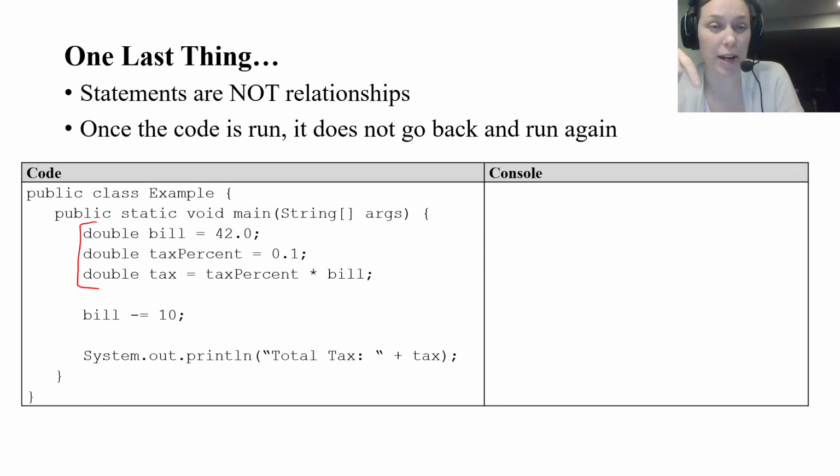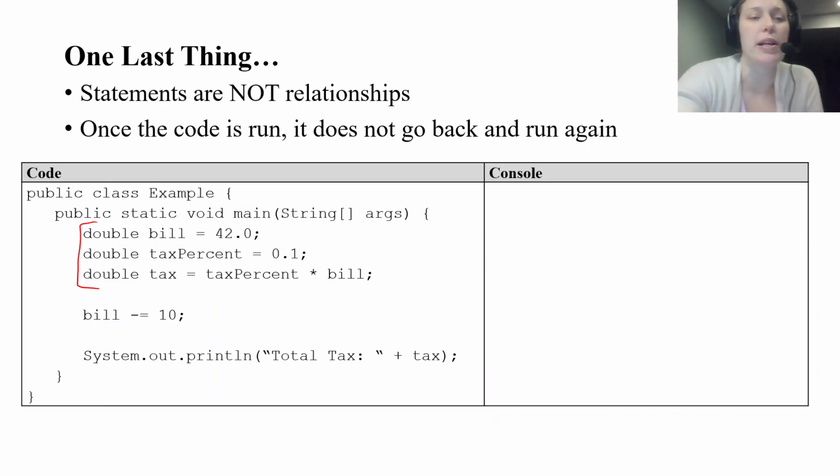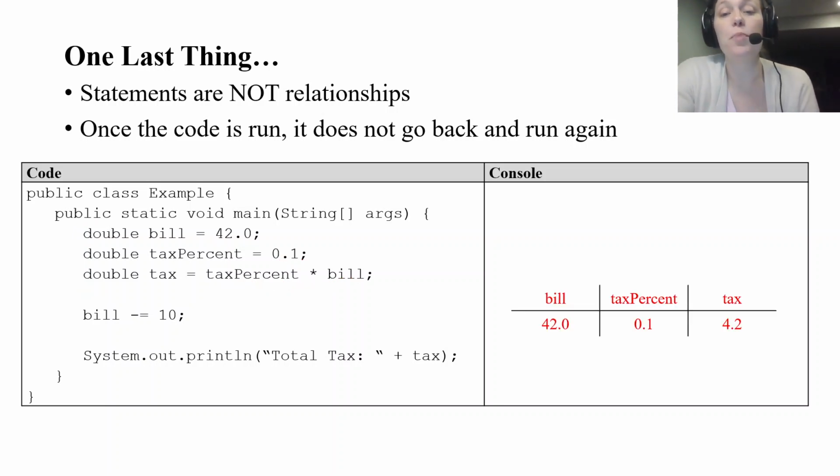Okay, so I'm going to do a trace because I have 3 variables and I like to trace. I have bill 42. I have a tax percent 0.1, and then I have tax, which is that tax percent times bill.